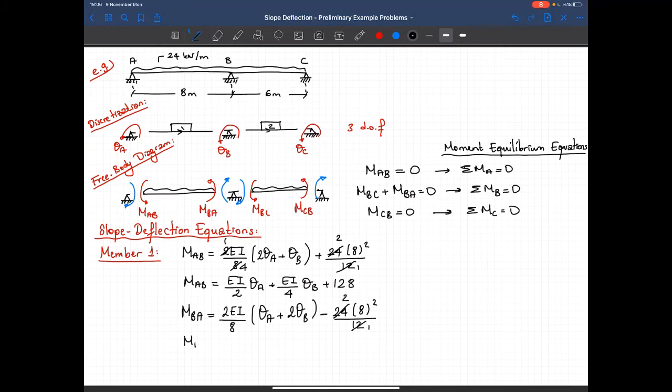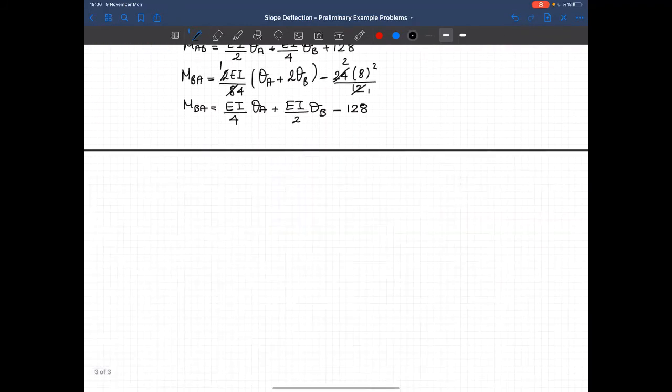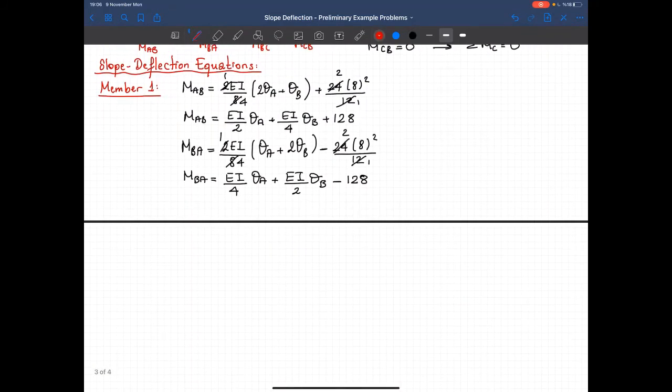So MBA is equal to, this is 1, this is 4, so EI over 4 theta A plus EI over 2 theta B minus 128. So these are the slope deflection equations for the first member. So let's write it for the second member.